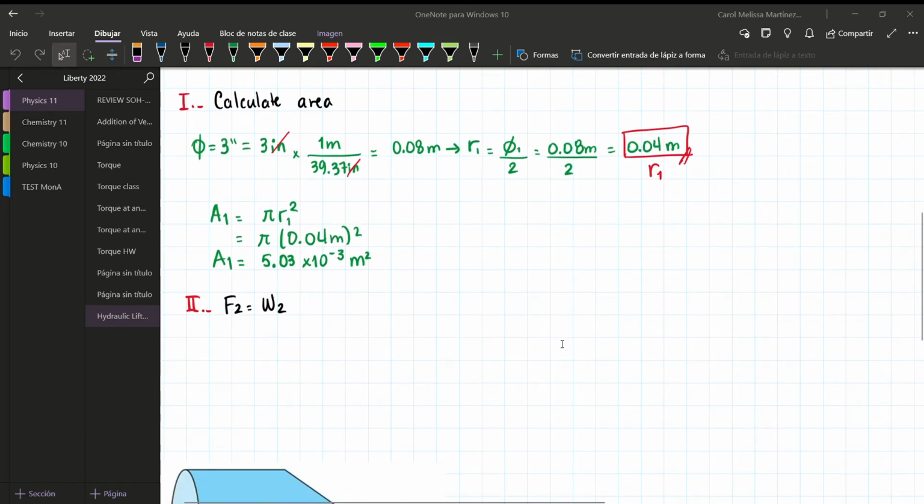Okay, so from the first two, I'm gonna need to know the mass of the object 2 and gravity. The mass, we said that it should be 3,000 kilograms times 9.81 meters per second squared.